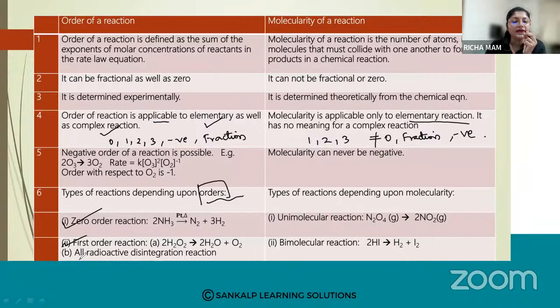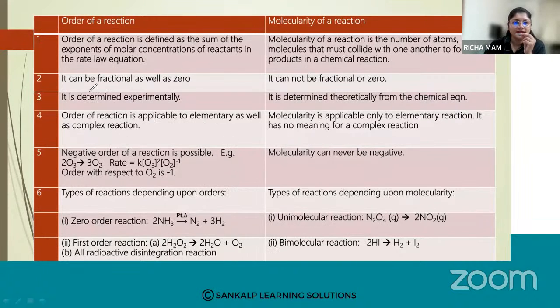And all radioactive elements undergo disintegration reactions. Then depending on molecularity, reactions are given as unimolecular reactions and bimolecular reactions. So these are the types of reaction. Is it clear? So mark these differences as important. Please note these important points.